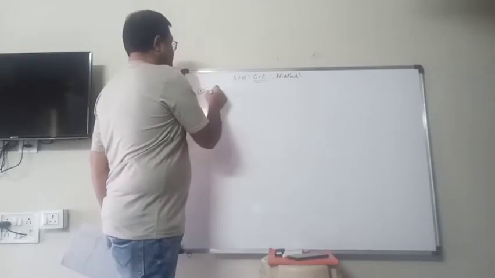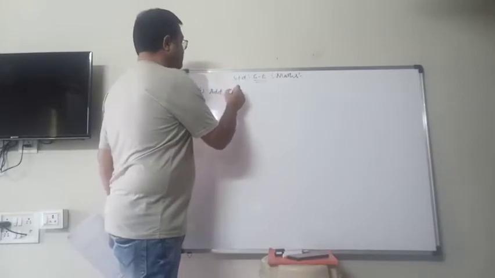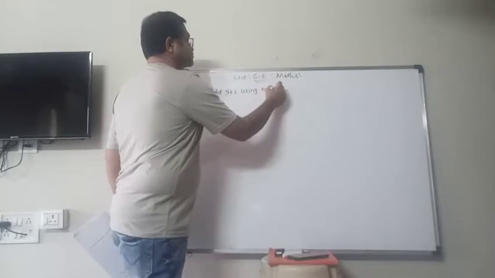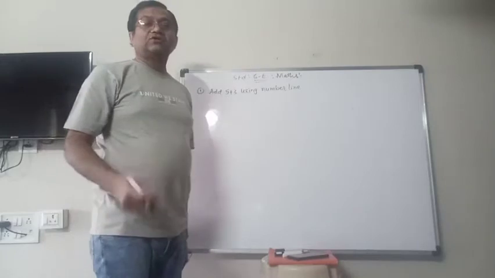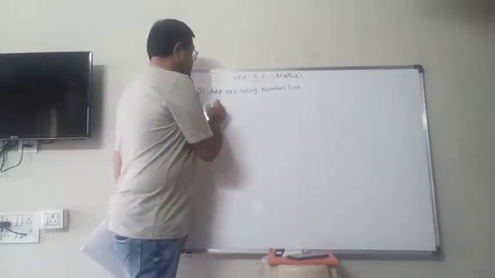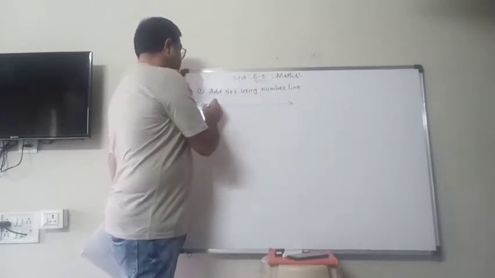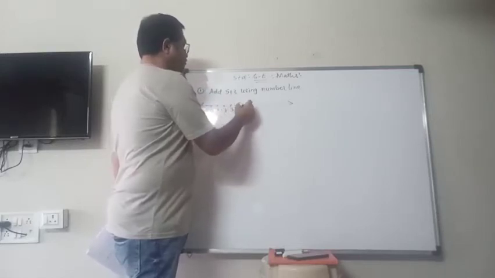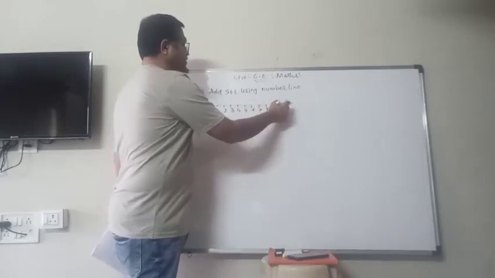First one is add 5 plus 3 using number line. Now we know that when we do the addition or subtraction on the number line, here 5 plus 3, so we can take 0, 1, 2, 3, 4, 5, 6, 7, 8, 9 and 10.